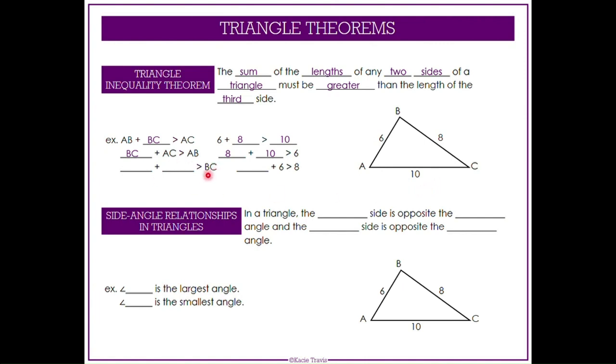We're looking for the two sides that are added together other than BC. So here's BC. The other ones are from A to C and from A to B. If we add those together, we get 6 plus 10, and that is greater than 8. So this all makes a triangle according to this theorem.